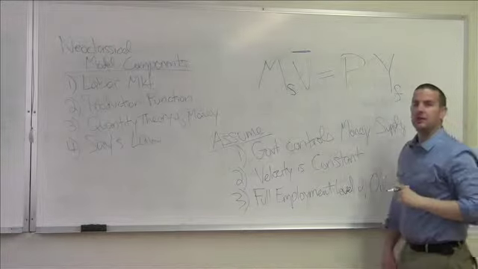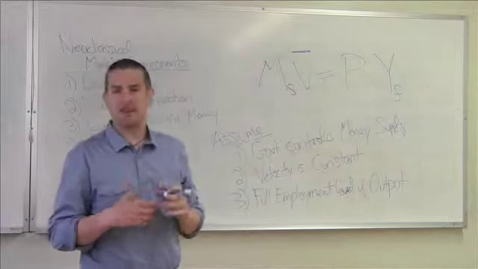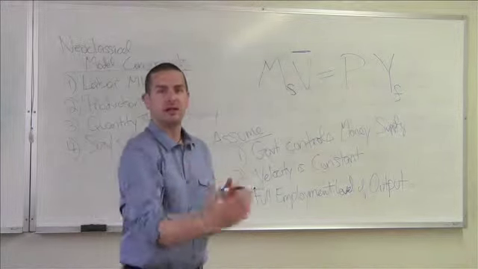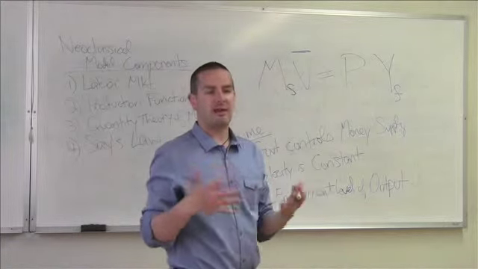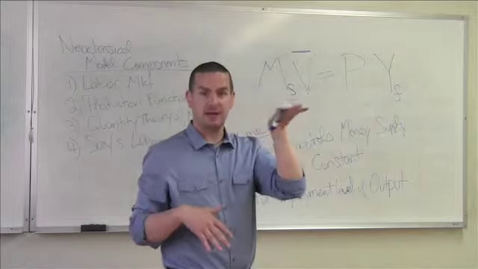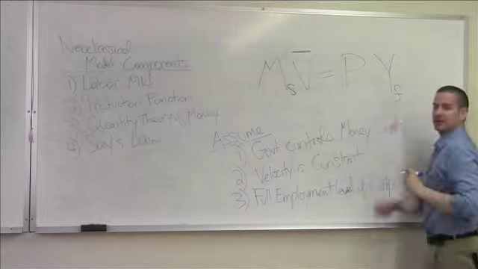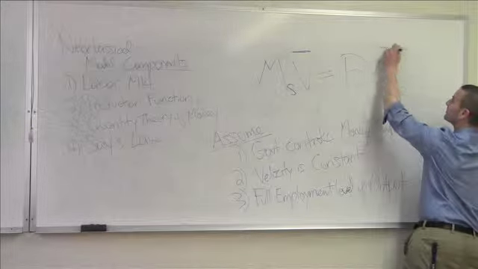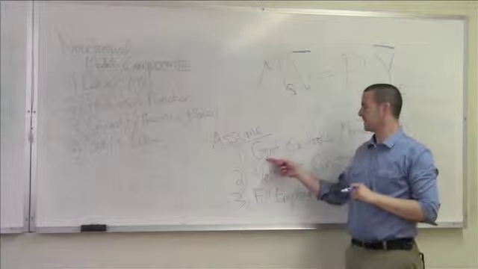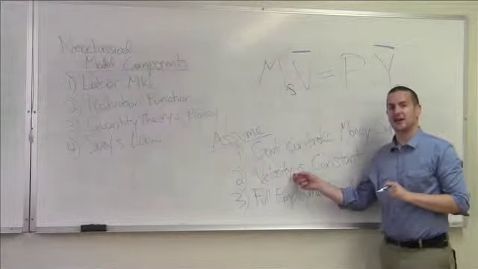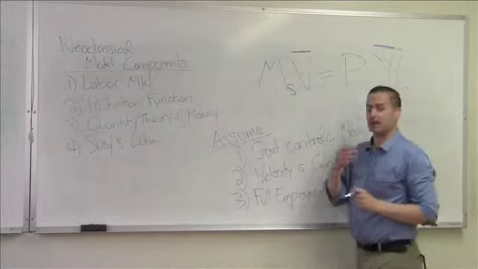If something is at the full employment level of output, then it's constant. If you're always producing as much as you can possibly produce, then you can't be producing any more. That level is constant. So therefore, YF is constant. So, the government controls the money supply, the velocity of money is constant, and the full employment level of output is constant as well.